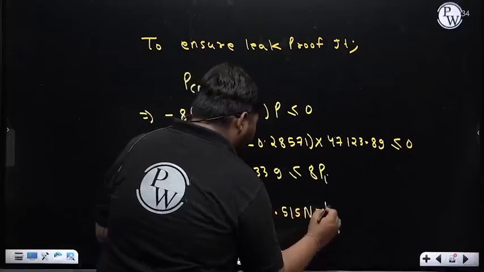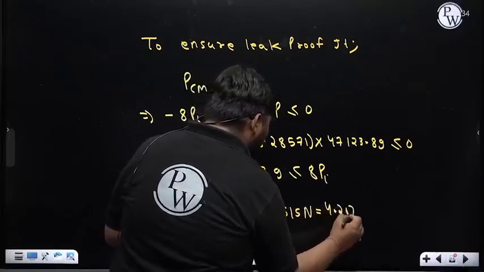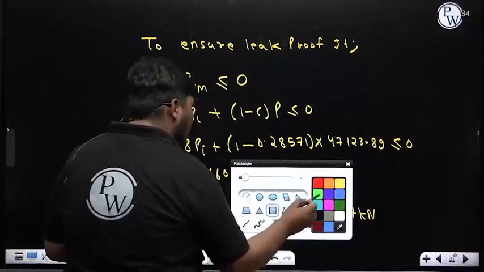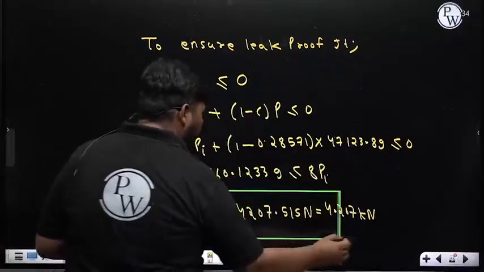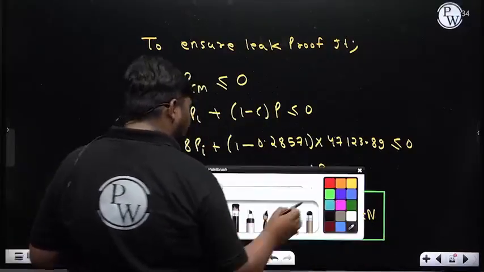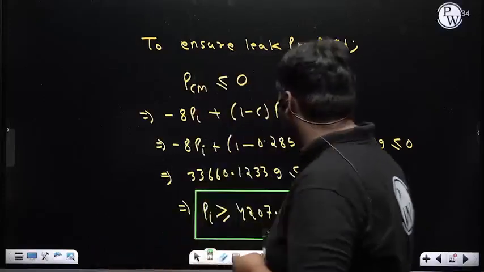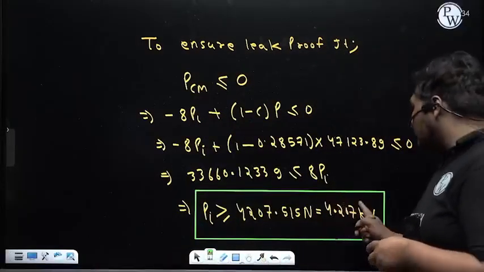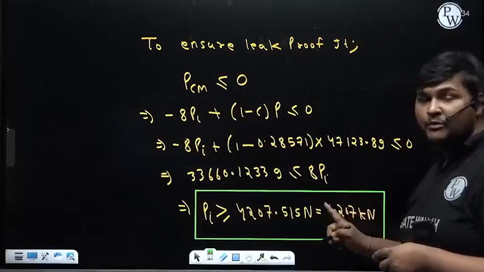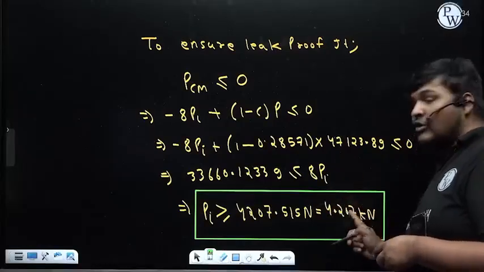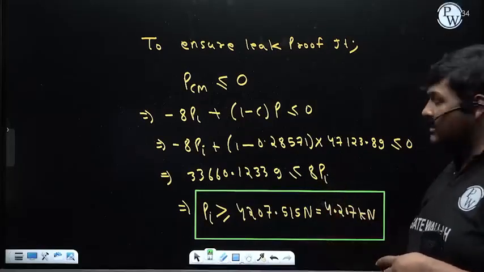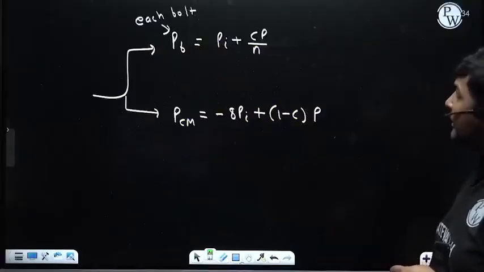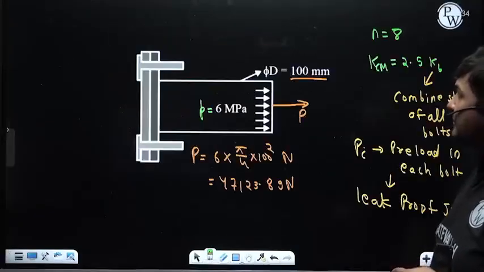In kilonewton it will be 4.207 kilonewton, and actual pi should either be equal to this or more than this. Okay, but right now our objective is to calculate the limiting value of pi. So the limiting or minimum value of pi is coming 4.207 kilonewton. Why am I saying minimum value of pi? Because actual pi should be equal to this or more than this.